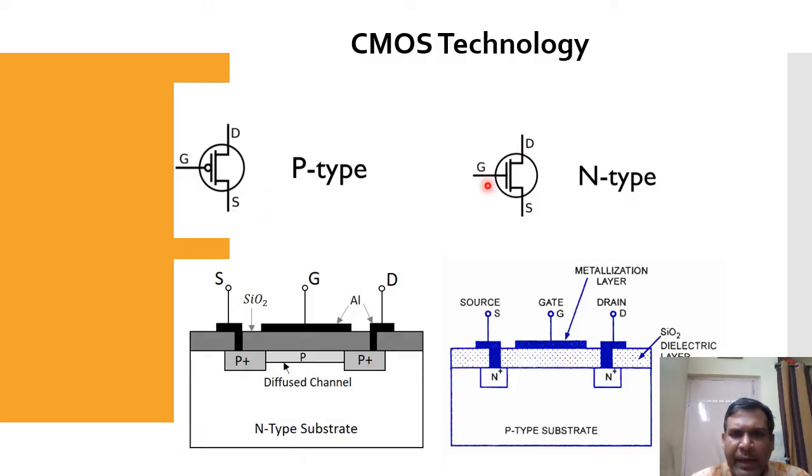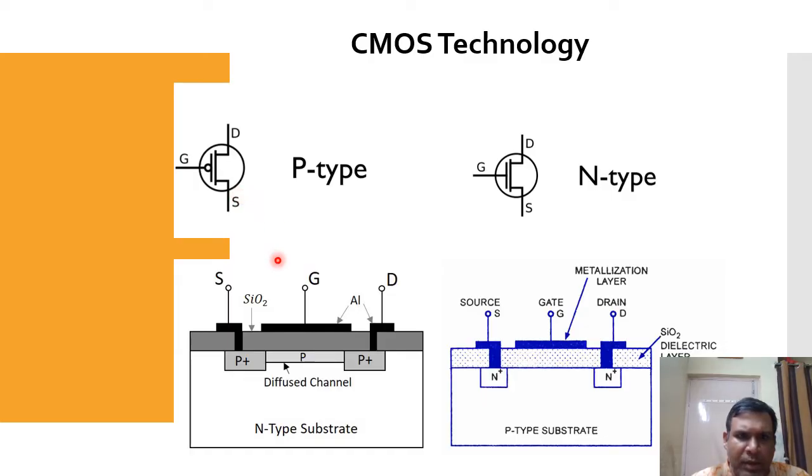Similarly, the N-type MOSFET is also a three terminal device, with one gate terminal, one drain terminal, and one source terminal. But in the schematic representation, the main difference is that the P-type MOSFET has a bubble, a small circle, whereas the N-type MOSFET has no circle.